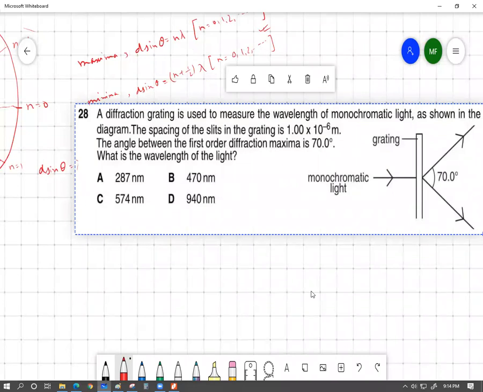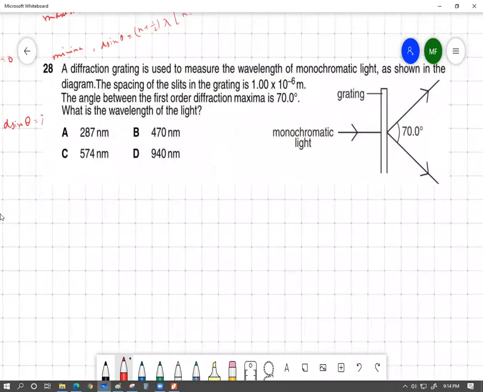So if we are trying to place it for our angle, the formula goes like this: d sine theta equals to n lambda. What does this theta represent? This theta represents the angle of the maxima positions from the central maxima, from n equals to 0.